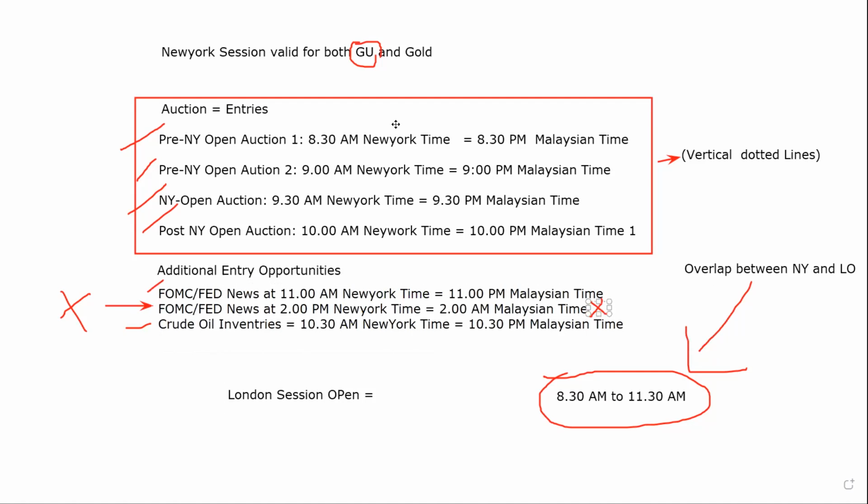You can trade this for gold, but it's better that you keep away and just stick to the rules. So additional entries, but these additional entries are not always there. We need to look at our economic calendar. For example, I will show you the economic calendar now.